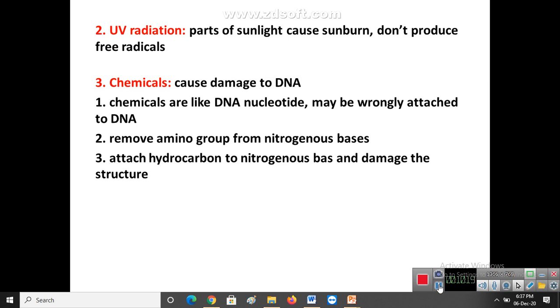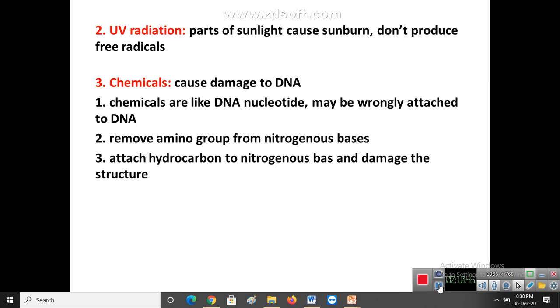Third type of the mutagen, chemical mutagens that cause damage to the DNA. Three different types: chemicals that are like the DNA nucleotide and may be wrongly attached to the DNA. Second, they remove the amino group from the nitrogenous bases, causing damage to the nitrogenous bases.